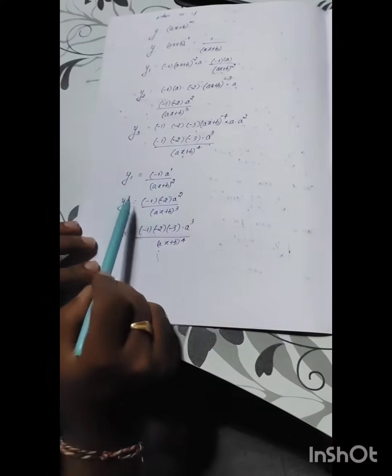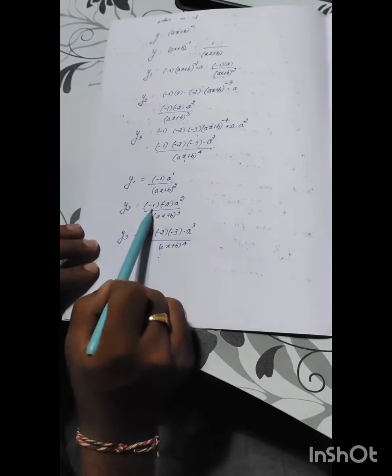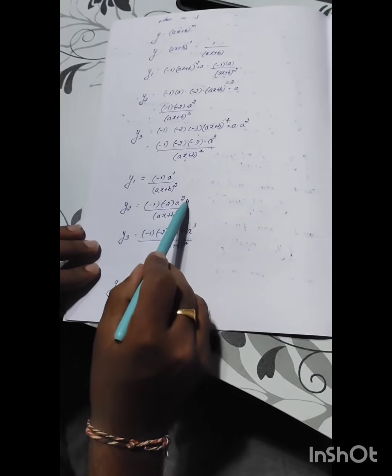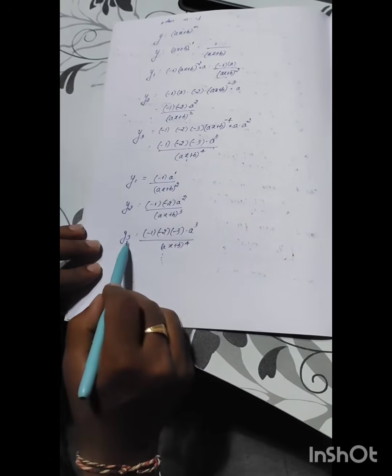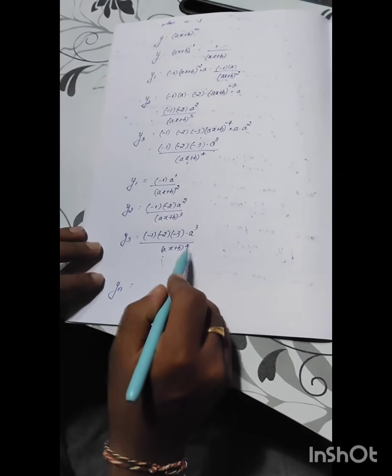Observe the pattern here. When we were taking the first derivative y1, so minus 1, y2 minus 1 into minus 2 a raised to 2 and here a raised to 1, y3 minus 1 minus 2 minus 3 a power 3 divided by (ax + b) raised to 4.